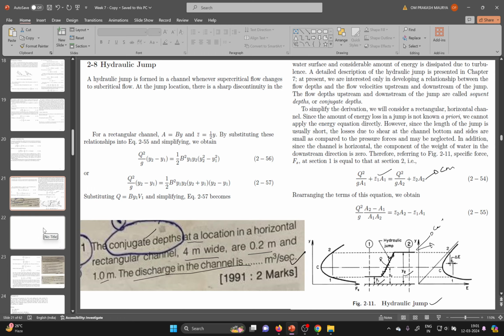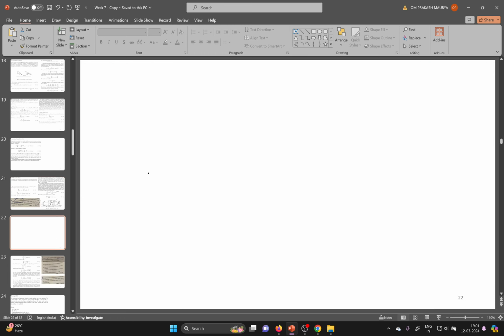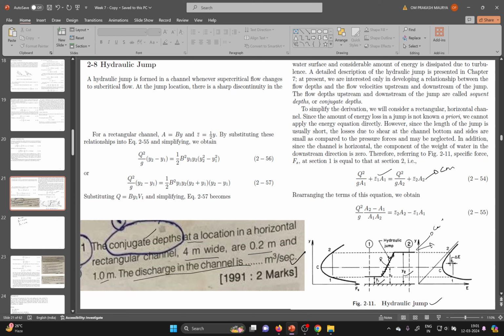So actually y1 is given 0.2 meter and y2 is given 1 meter, and width of the channel is given, I think, 4 meter.